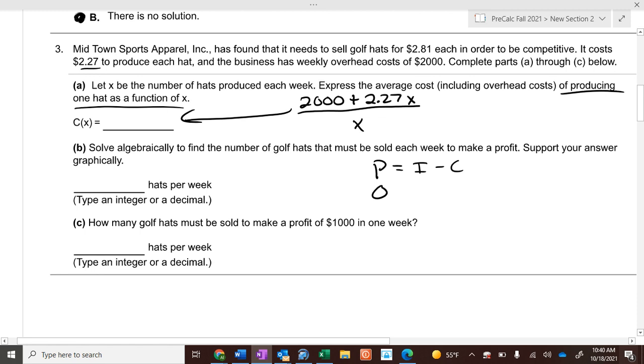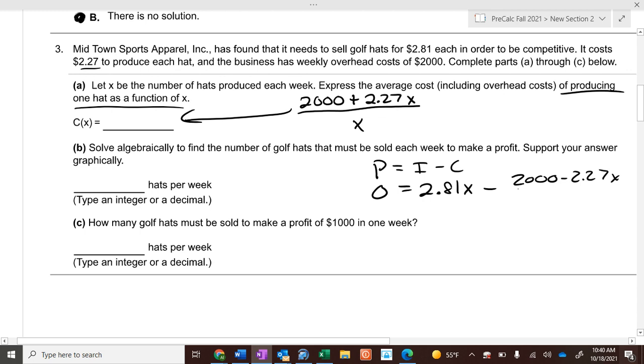What's your income off the hats? How much do you make total? You make $2.81 times the number of hats you produce, right? What's your cost? Well, we just did the cost up here.